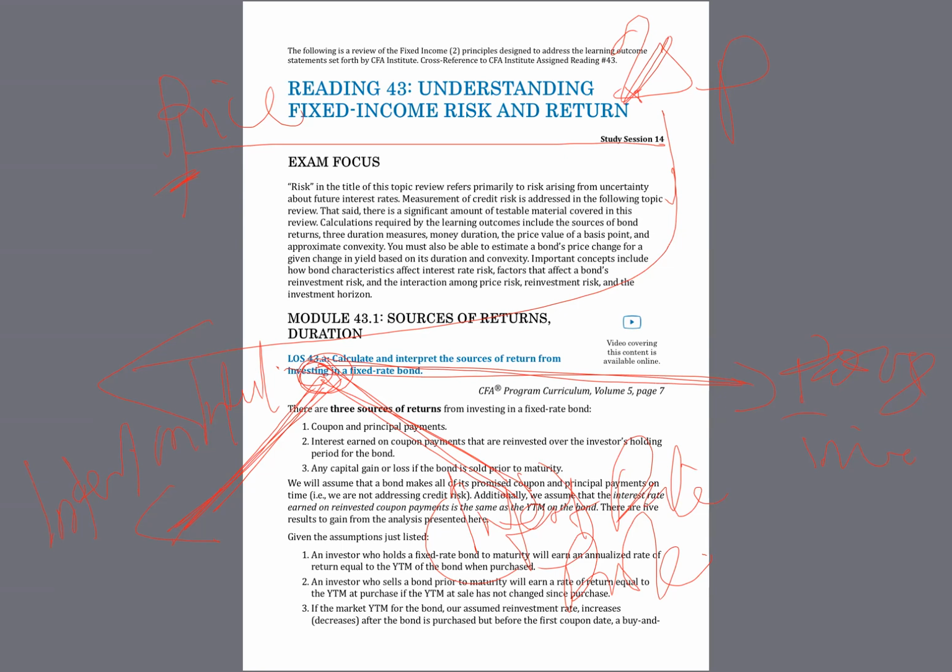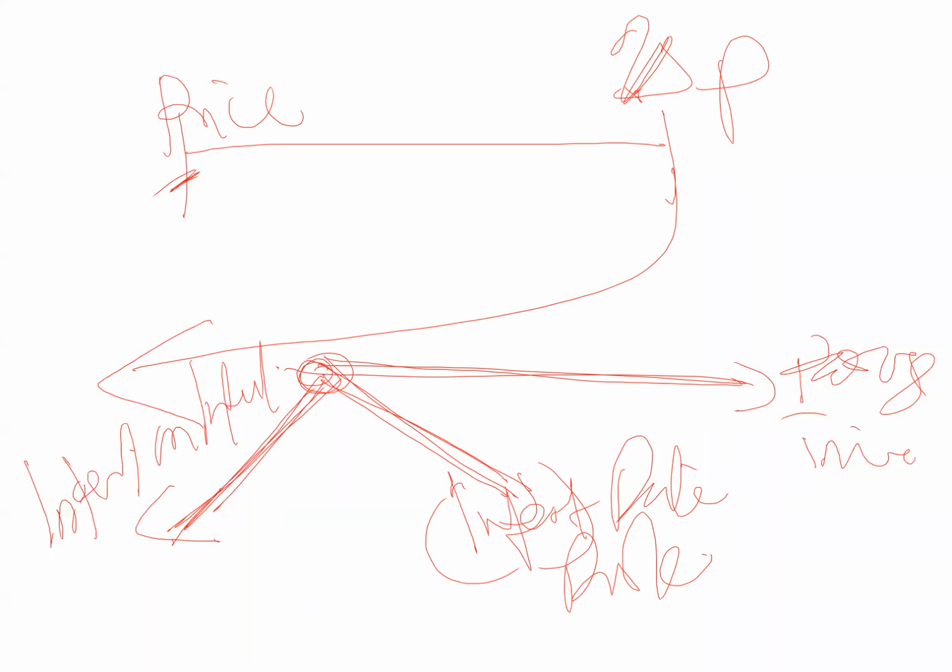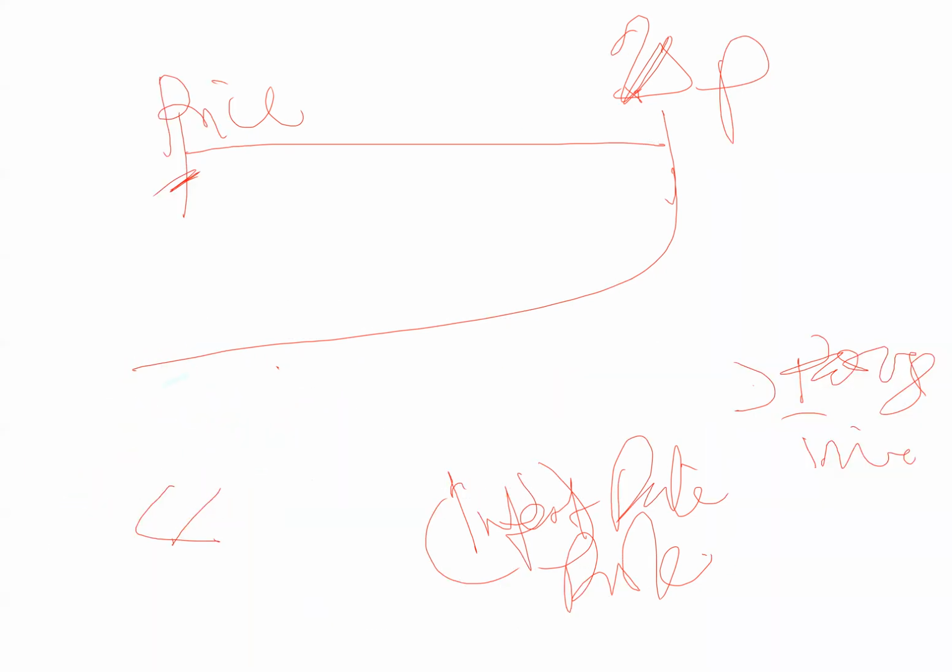Can you please repeat that? Okay, I'm saying that when you are calculating duration of a bond, there are different ways of calculating it. You can calculate the duration of a bond through what we call the Macaulay duration.